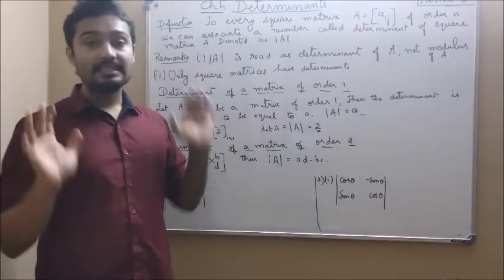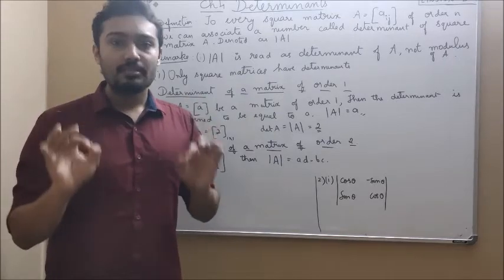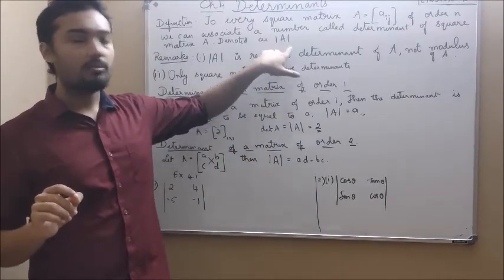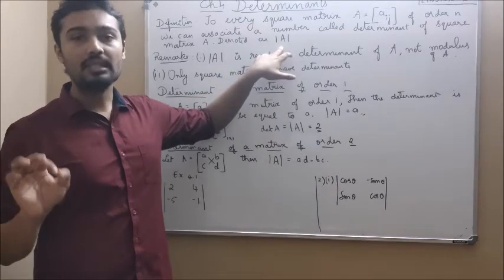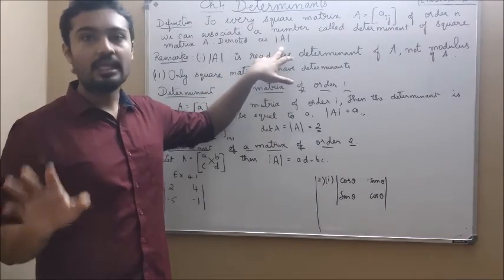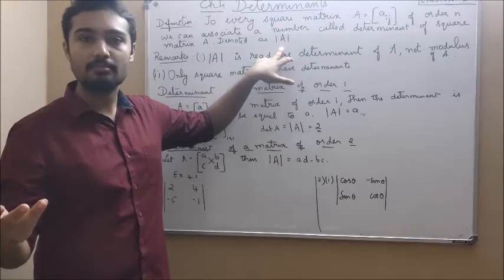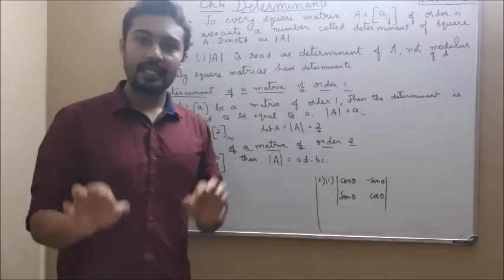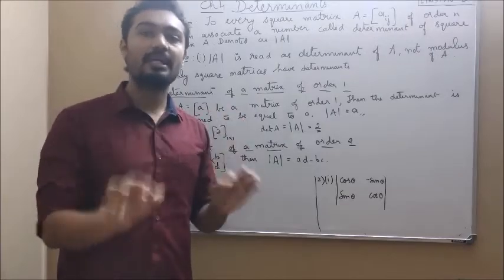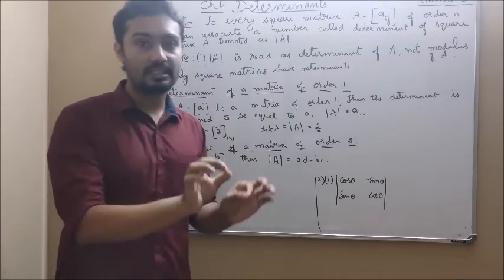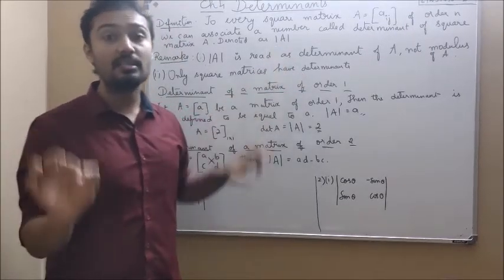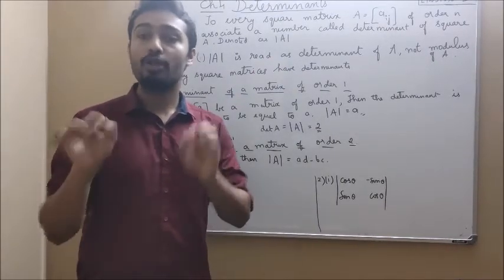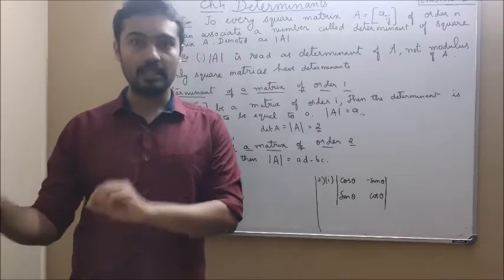Now, that is the definition. The determinant is denoted as |A|. Its symbol represents the determinant. You must have seen it as the modulus symbol. When we take the determinant of a matrix A, this is read as determinant of matrix A. When we take modulus, we take the modulus for a number or an element.